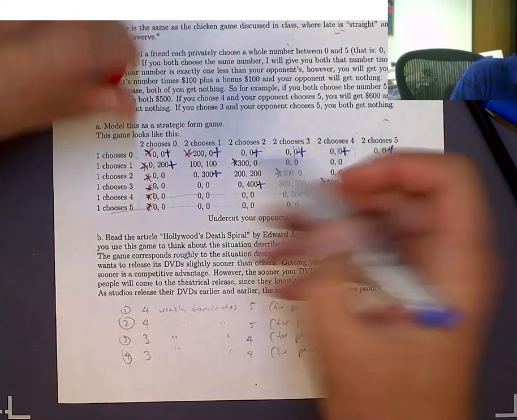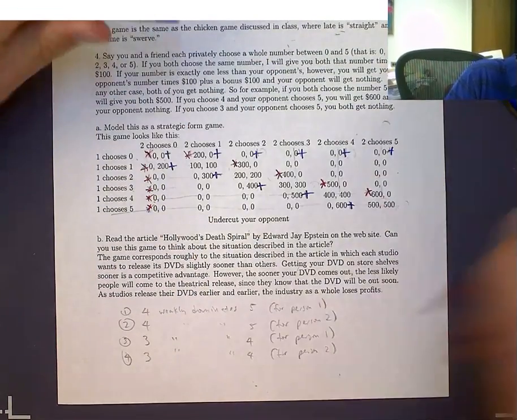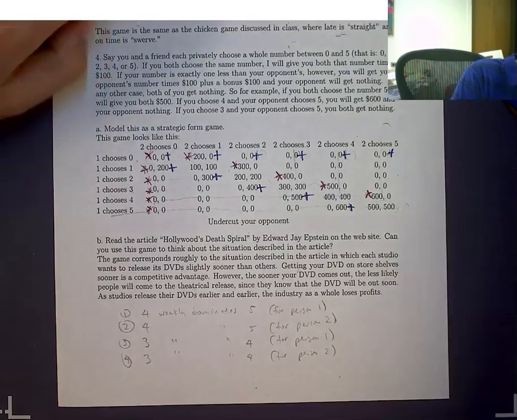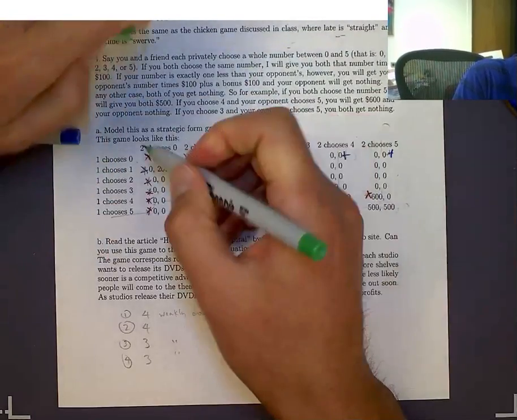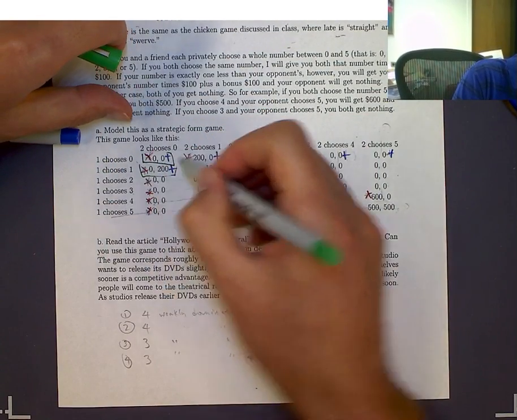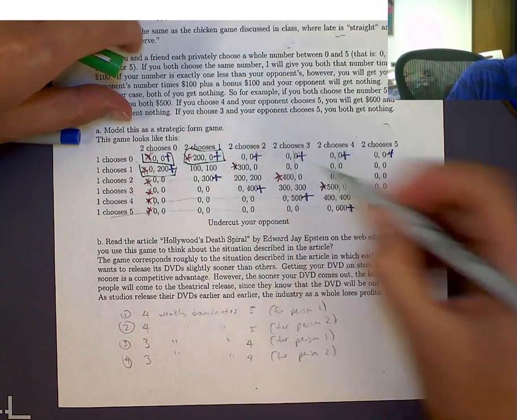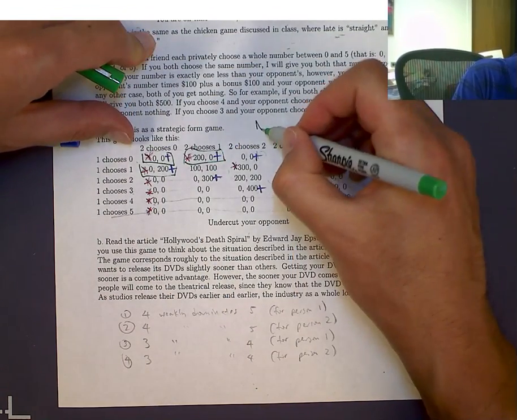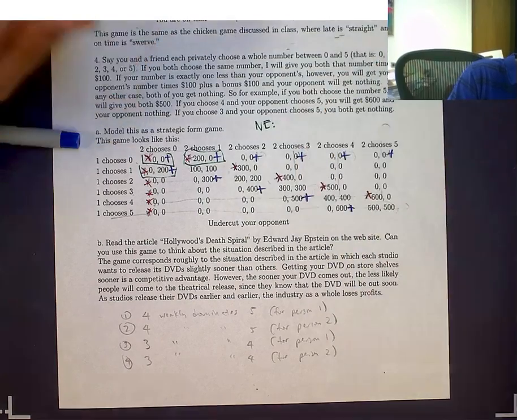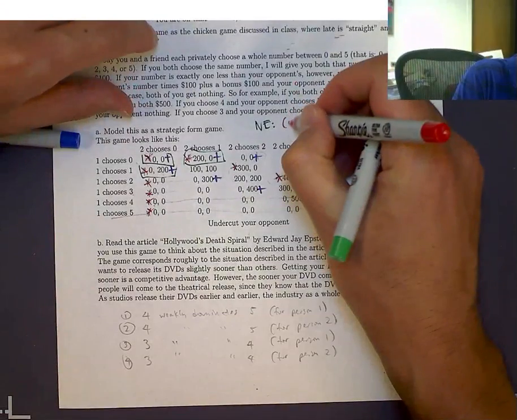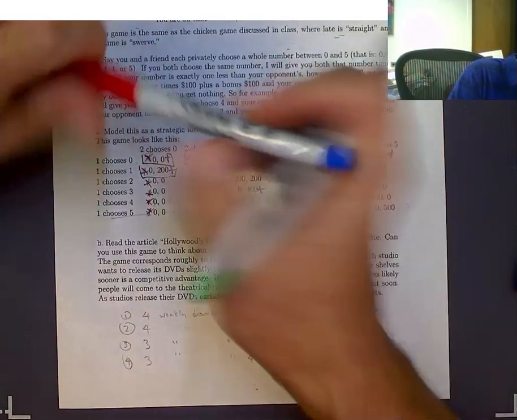Then it's just a matter of looking at which outcomes have both the star and the plus. And it turns out it's going to be this one, and this one. These are my Nash equilibria. So I'd write it down this way. Nash equilibria are going to be 0, 0.